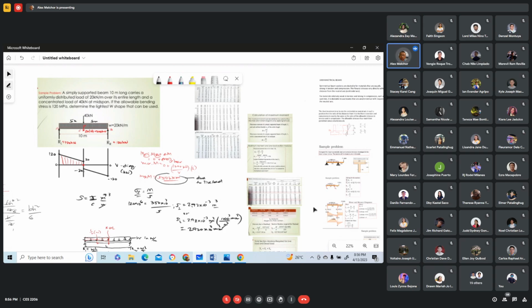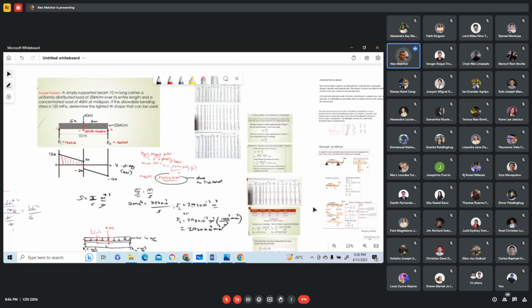So one problem will be writing shear and moment equations. The second problem will be constructing shear and moment diagrams. I might give you a shear diagram and you're going to construct the load diagram as well as the moment diagram.